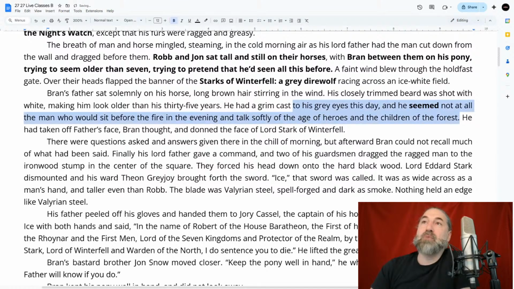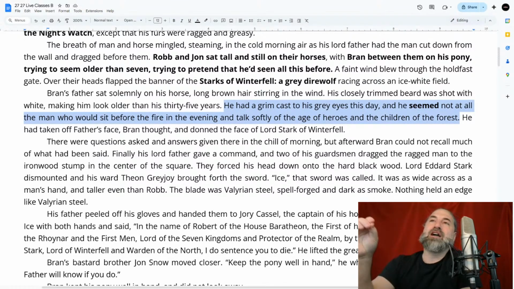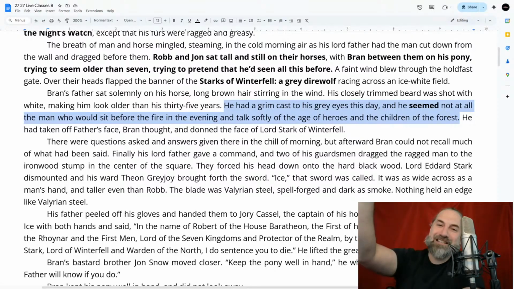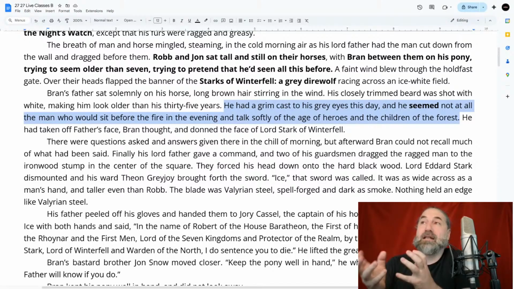Well, you could use seem purposefully. He seemed not at all the man who would sit before the fire in the evening. So we're pausing the narrative forward and we're sitting with the character. That's why the pace becomes slow, because in this case, it almost has nothing to plot forward. But it does, in fact, develop character.